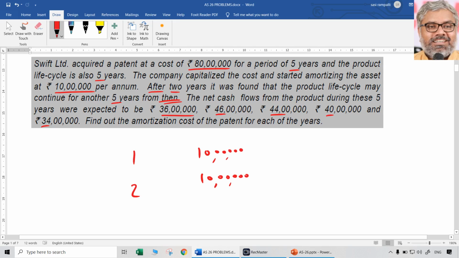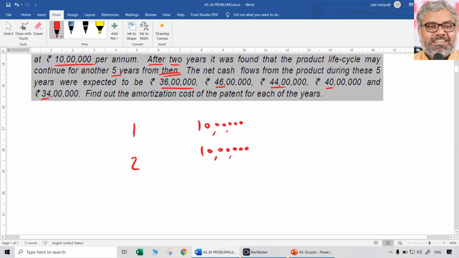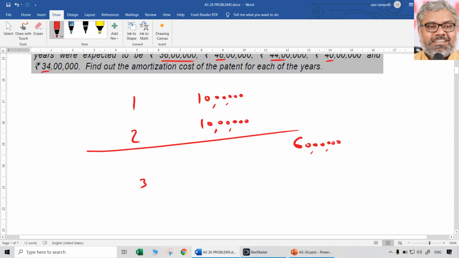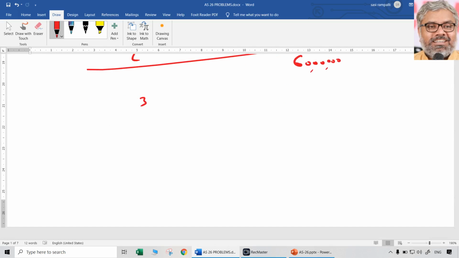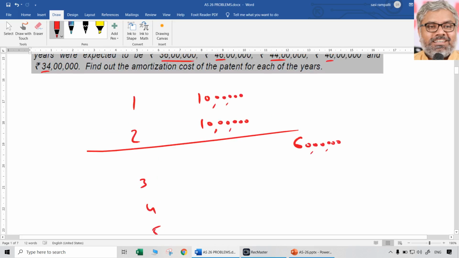That means the carrying amount of this patent after 2 years will be 60 lakhs. Now the point is, the remaining 60 lakhs has to be amortized over the period of next 5 years. We are continuing the numbering, let us say 3, 4, 5, 6, 7. Next 5 years, this 60 lakhs has to be amortized.